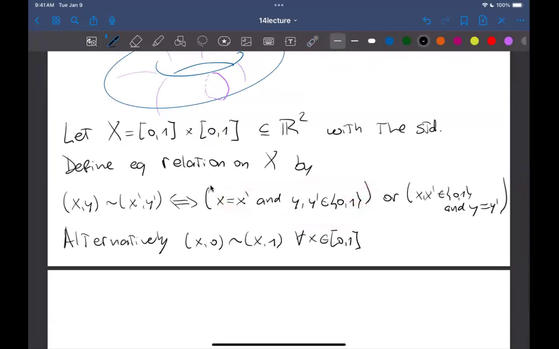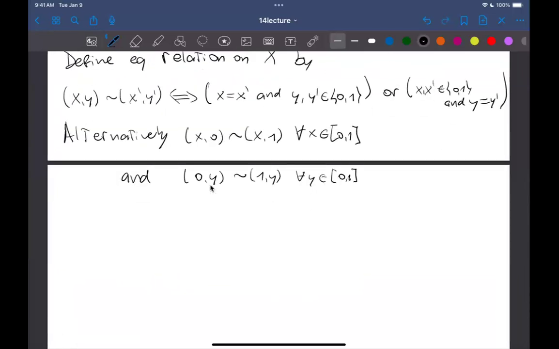And you're also identifying (0, y) with (1, y) for every y. So this is what the equivalence relation is doing.